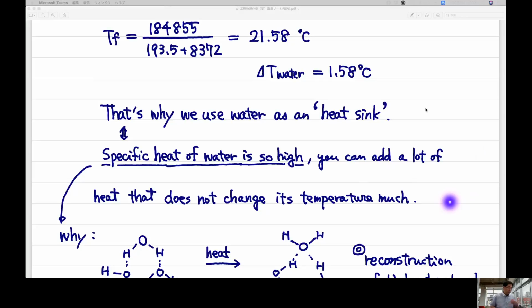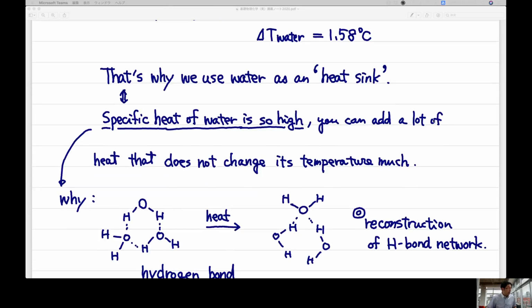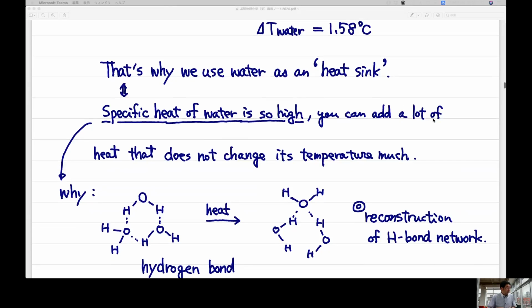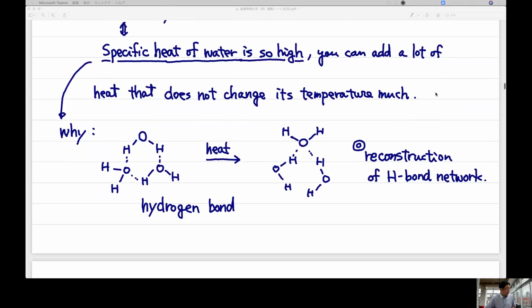So we always use water, for example, for cooling down hot materials, such as the nuclear reactor, or many kinds of reactors. And why does water have a very high specific heat? The answer is here. Water makes hydrogen bonds.